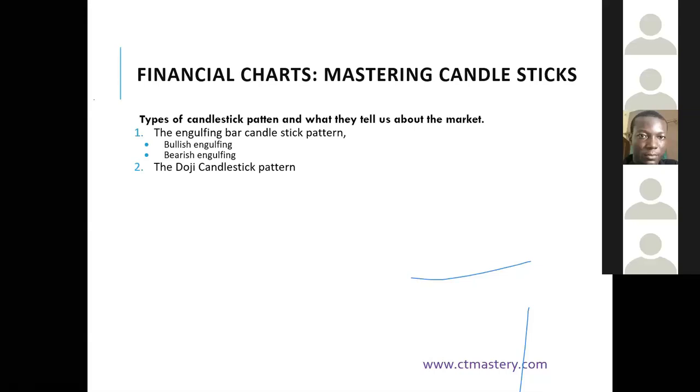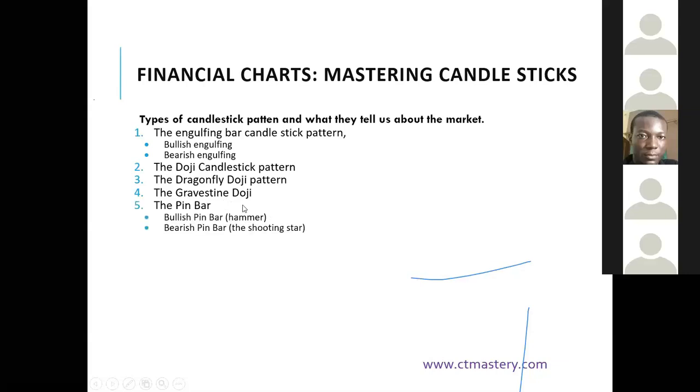Two is the doji candlestick pattern. The next ones are the dragonfly and the gravestone doji. So these three are all doji. Some people call this one neutral doji. This one is dragonfly doji. This is not gravestone, this is gravestone. It's a typo. So this is gravestone doji.